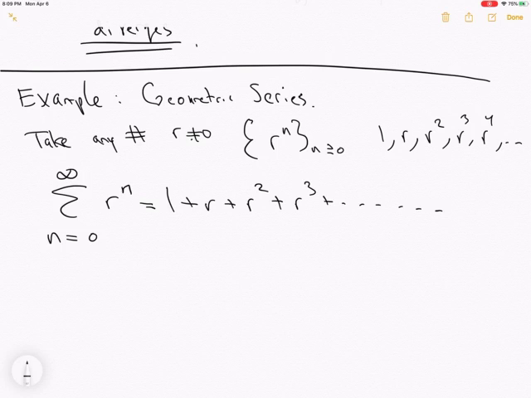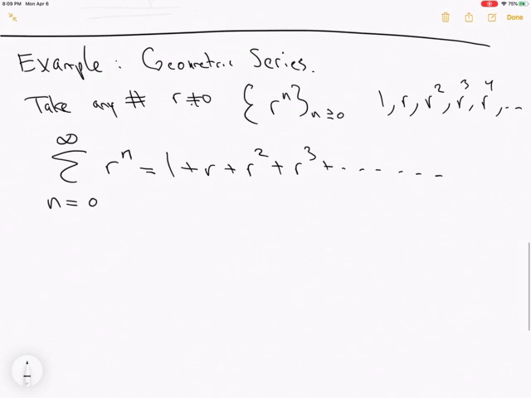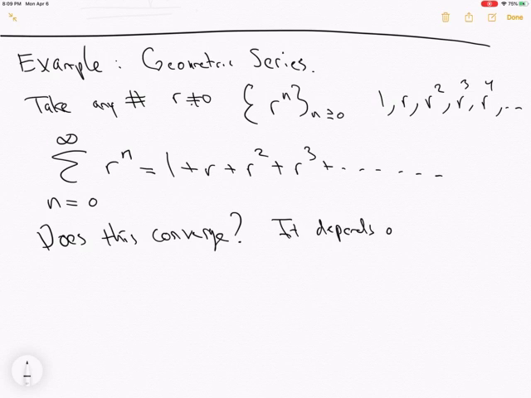So the question is, does this converge? And the answer is, it depends on r. In general, if you have a series, the first question you ask is if it converges.